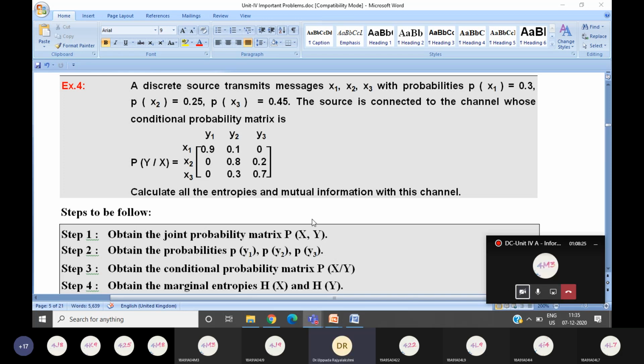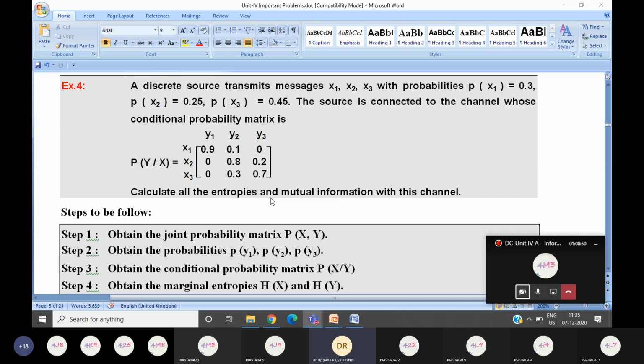Here it is asked to calculate the different kinds of entropies and mutual information with this channel. When we say calculate all the entropies, there are 5 kinds of entropies. Two are marginal entropies, H of x and H of y.